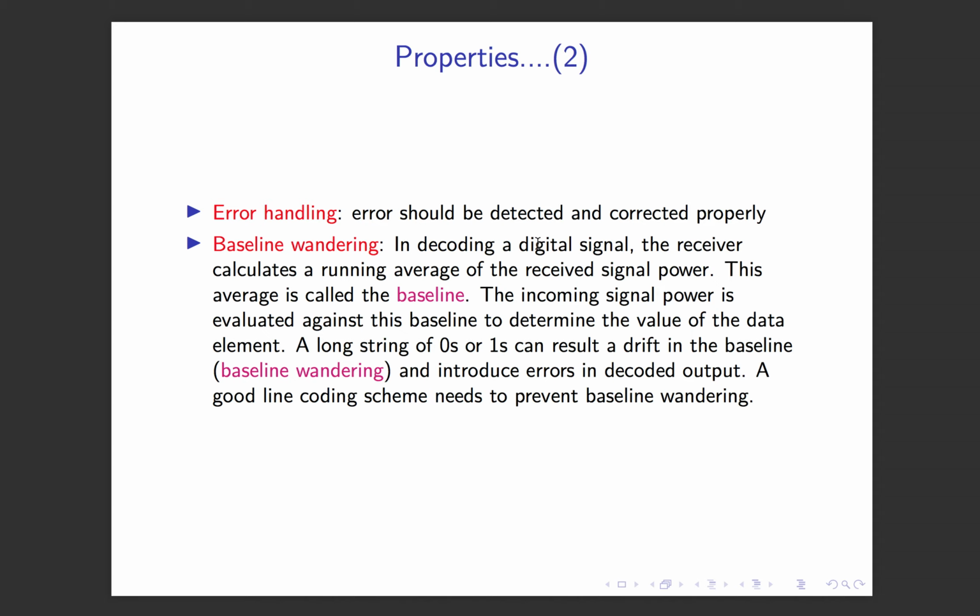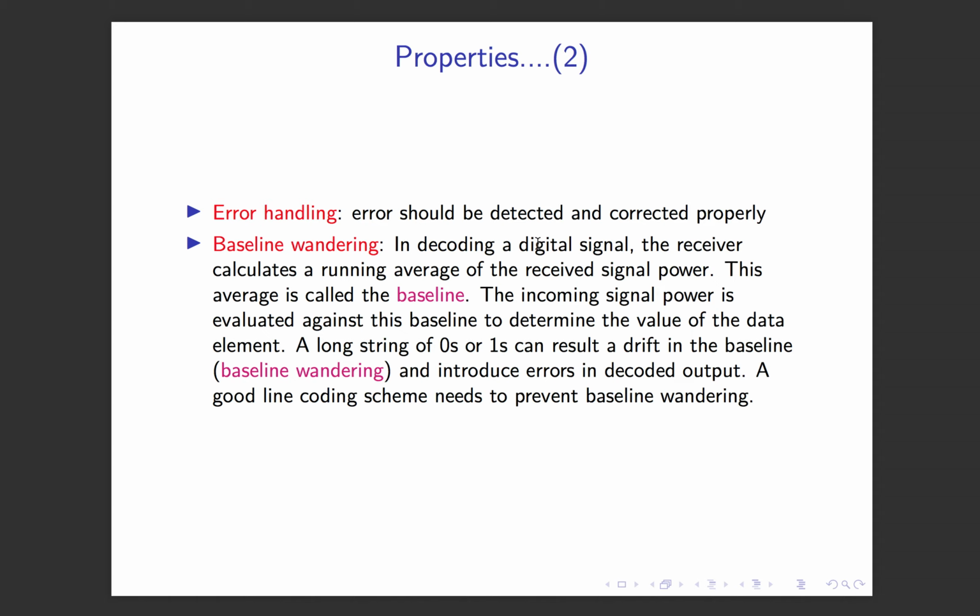And as the baseline drifts, because we measure every output coming from the decoder with respect to the baseline, if the baseline drifts up or below from where it should be, then we will translate the sent information incorrectly.